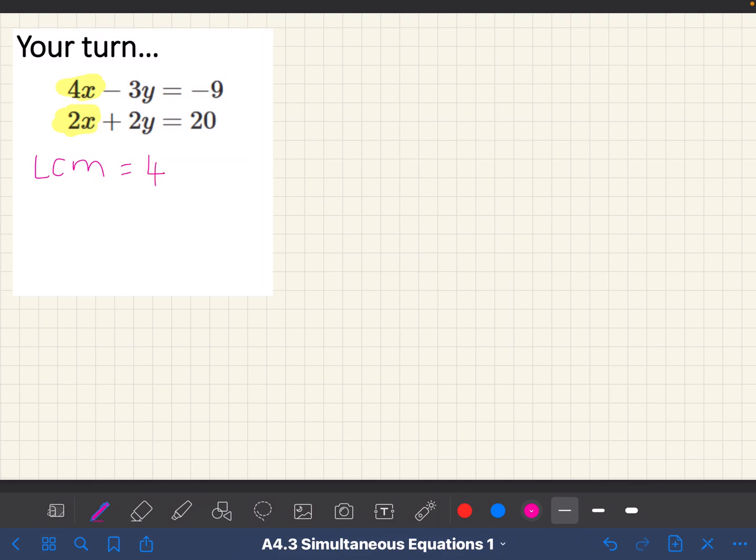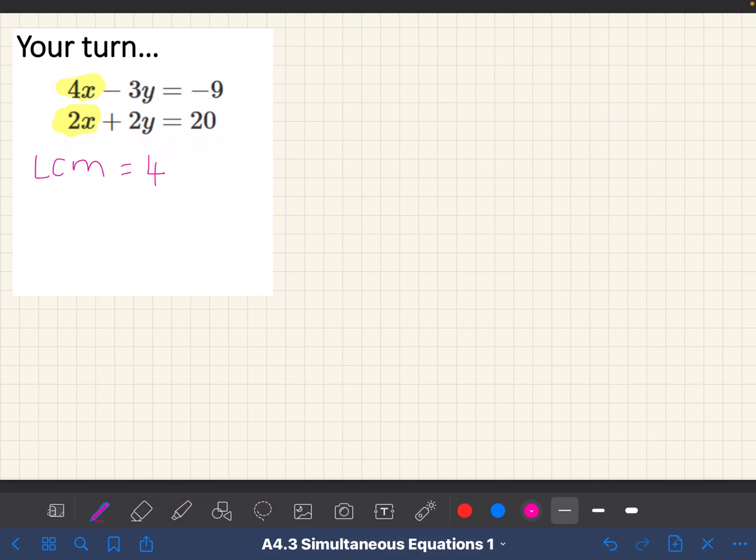Now that makes our workings out a little bit easier this time because we do not need to do anything to this top equation because it is already the lowest common multiple of 4. We just need to make this line equal to a 4x to begin with.